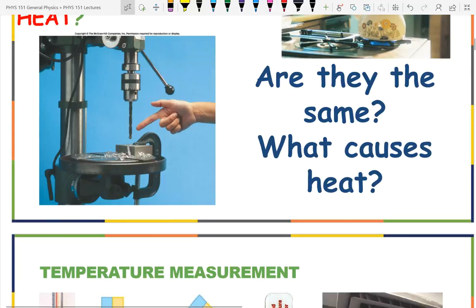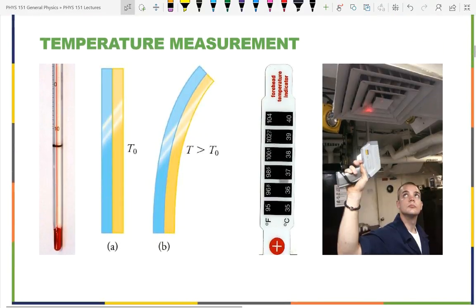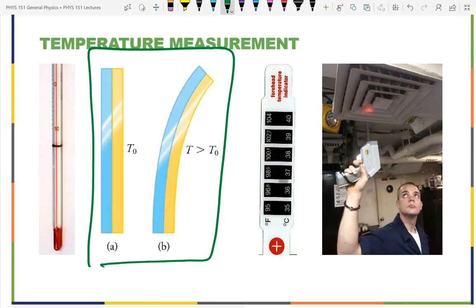Okay, temperature and heat. We talked about thermal expansion. My last demonstrations, last class period, were with a bimetallic strip. Something that has two dissimilar metals, two metals with different alphas. And so as the temperature changes, the lengths increase by different amounts. And the one that's longer is going to be on the outside of the curve.